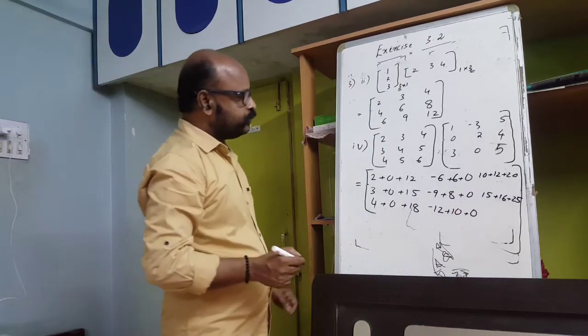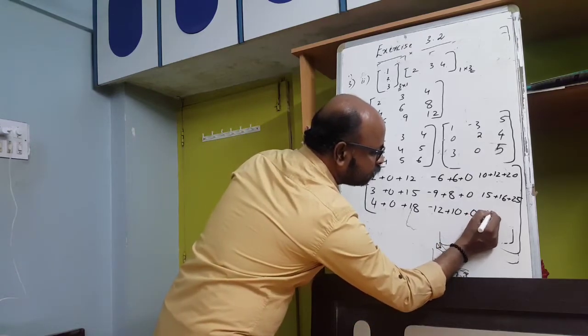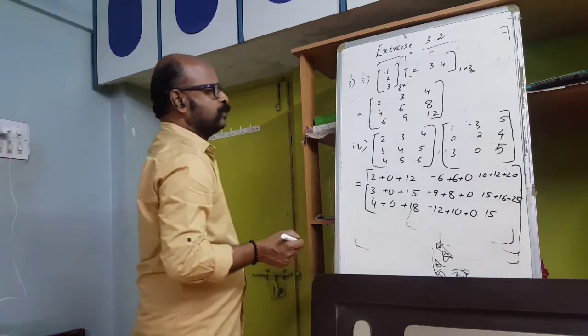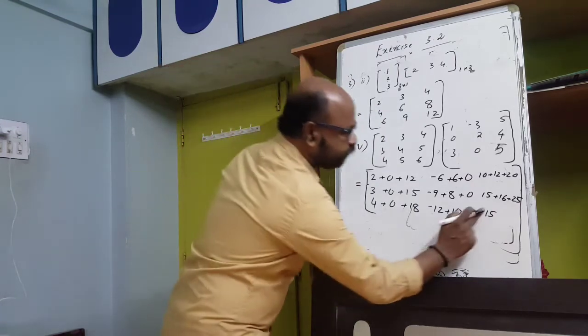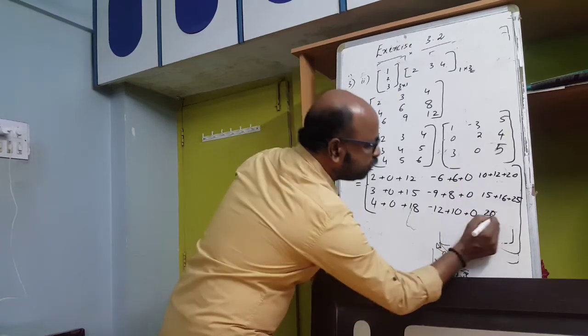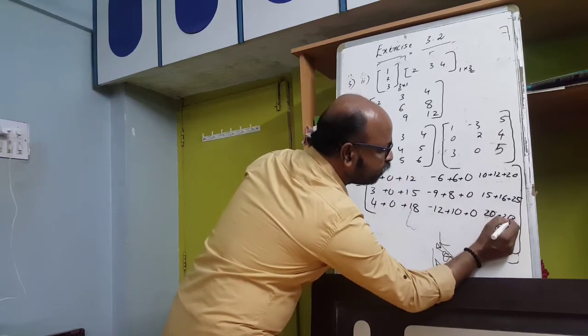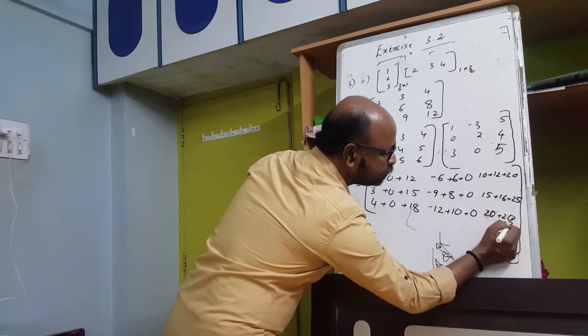Third row into third column, 4 into 5, sorry, 4 into 5, that is 20, 5 into 4, that is again 20, 6 into 5 comes as how much? 30.